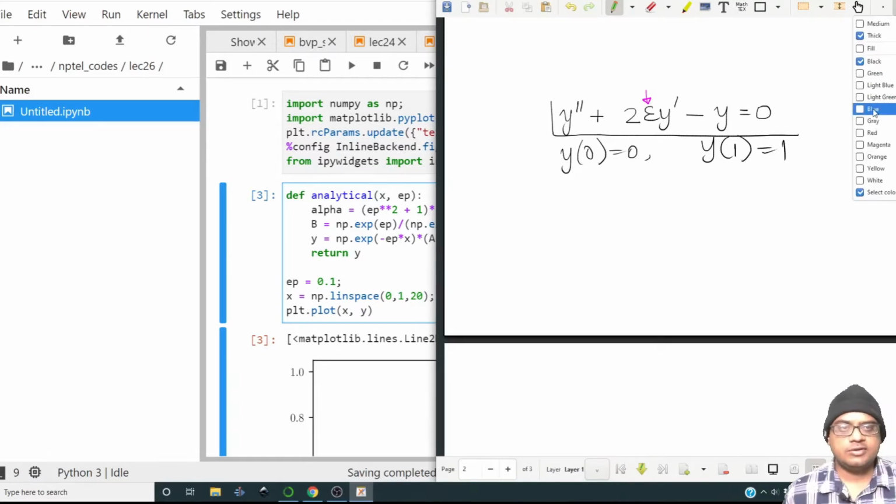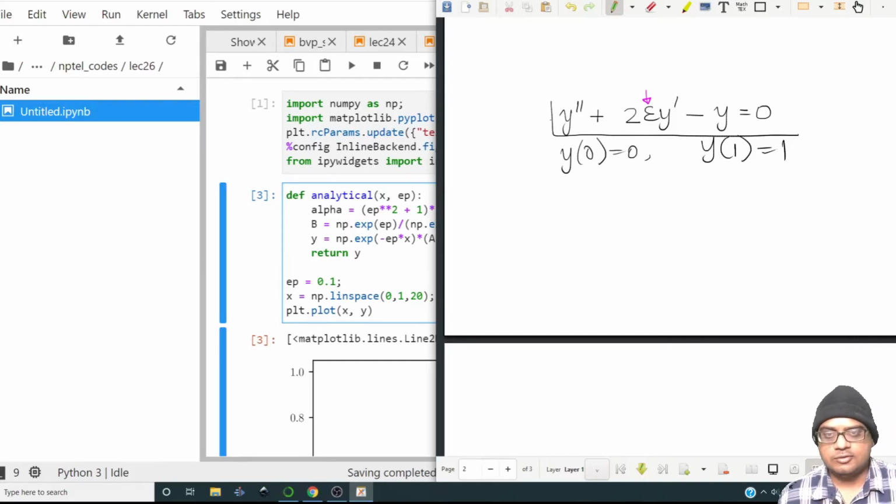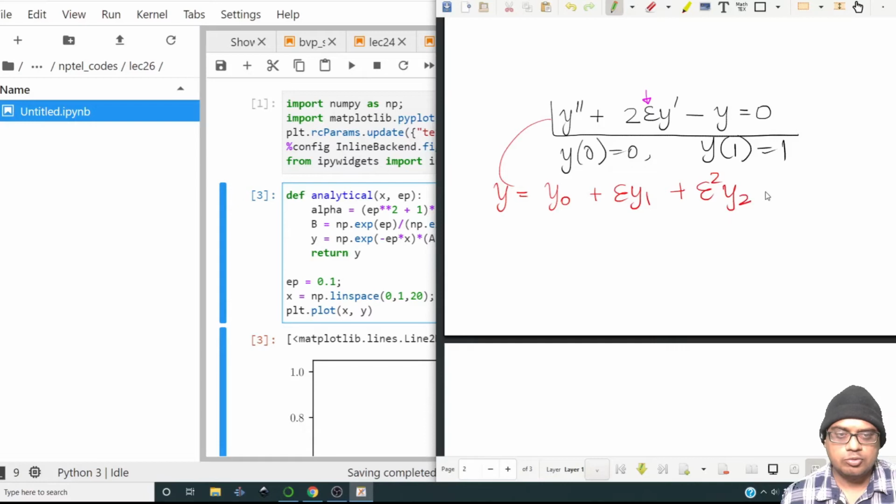So let us make an assumption that we can represent the solution y as a series of y0 plus epsilon y1 plus epsilon square y2 plus order epsilon cube, meaning each successive term is of a decreasing order of magnitude.